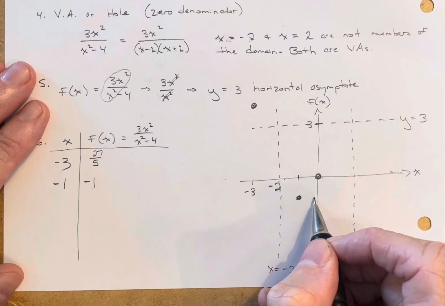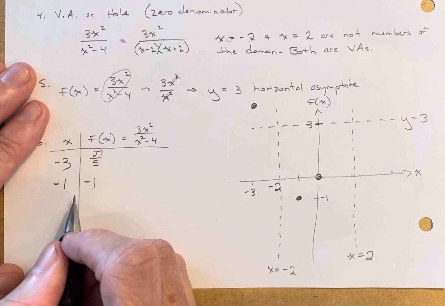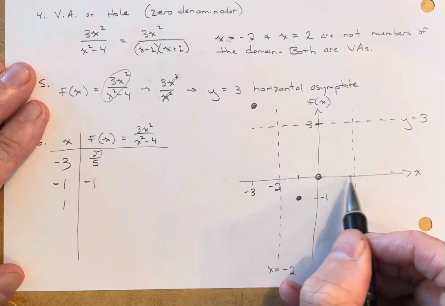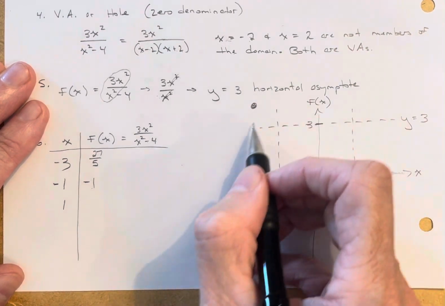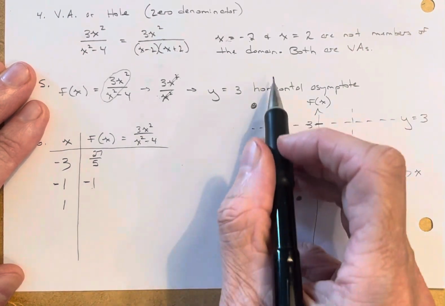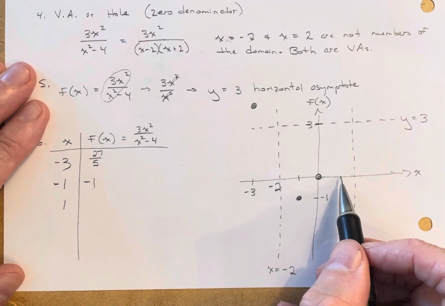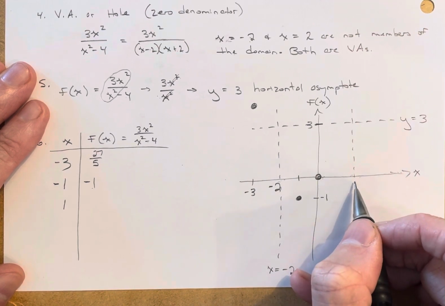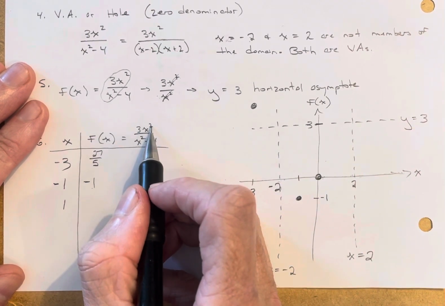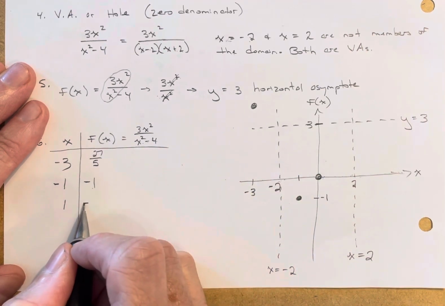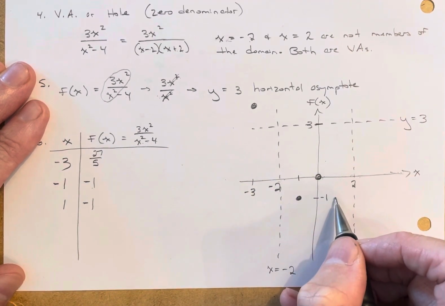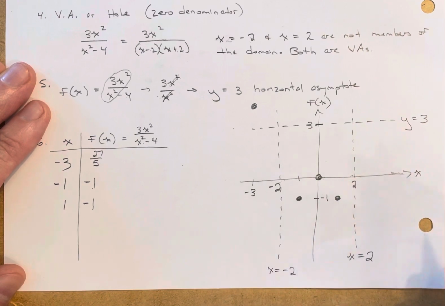Let's put in positive 1, because that's between these 2 points. And I could probably plot some more points, which would help me with understanding this part. Again, this is positive 2. This is 3 over negative 3. That's also negative 1. Well, that makes sense. We know we have y-axis symmetry.